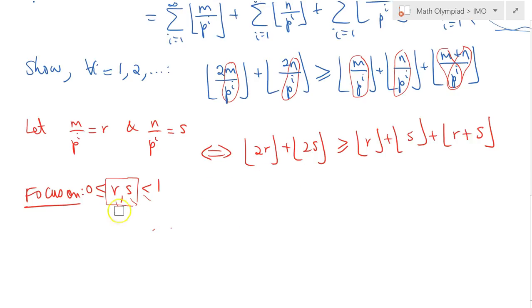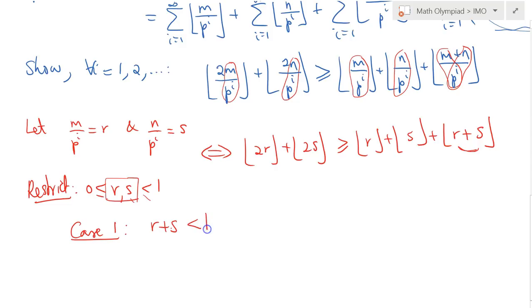So it's perfectly fine to restrict attention to this case. But okay, if r and s are in this range, why should that hold? I think the game changer is r plus s. I think we have two cases. Case 1: what happens if r plus s is less than 1?